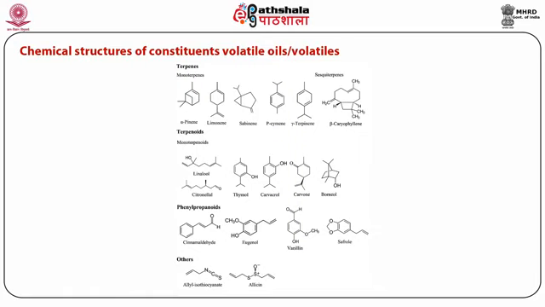You can see that some of them are cyclic, aromatic, or even open chain. Besides these terpenes and terpenoids, we also have other volatiles in the form of phenylpropanoids like cinnamaldehyde, eugenol, vanillin, and safrole, and still other volatiles are sulfur-containing compounds like allyl isothiocyanate and allicin, as present in garlic. Besides this, there are also other sulfur-containing volatiles in almond, etc.